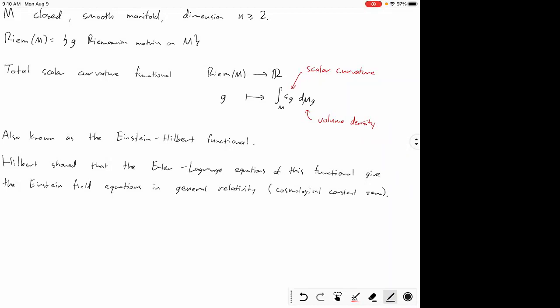So let me also point out that Hilbert showed something else. Hilbert showed that the critical points are Ricci flat metrics.